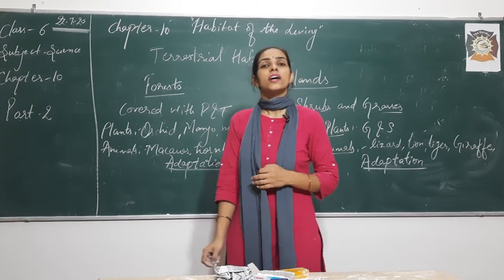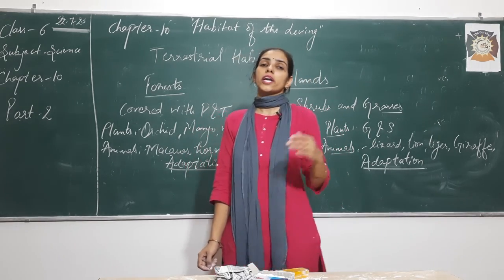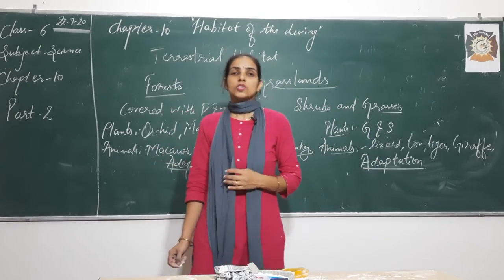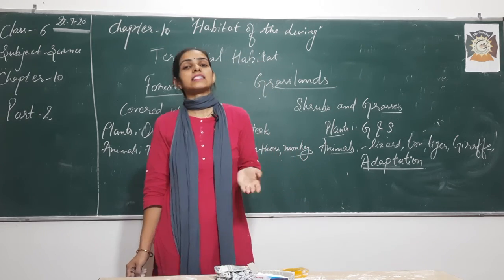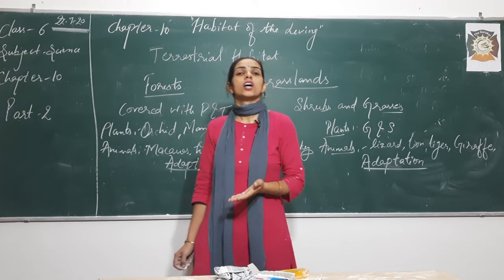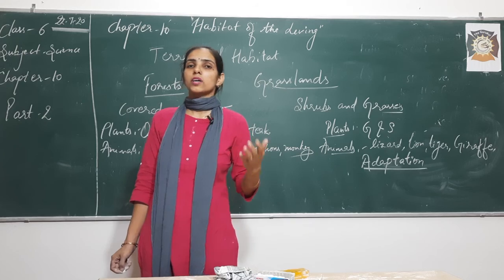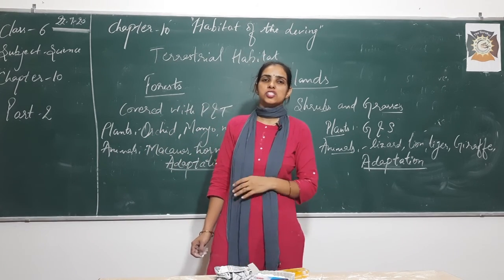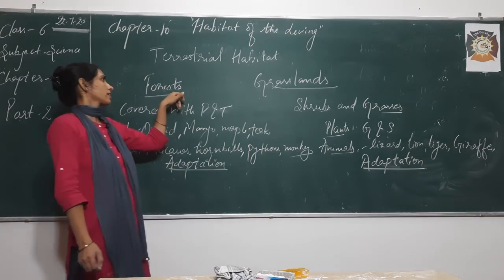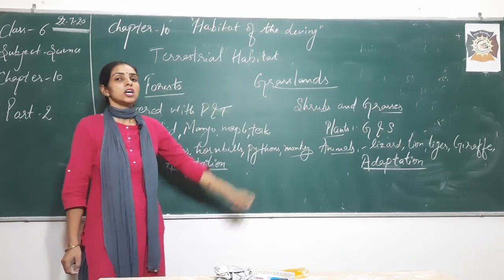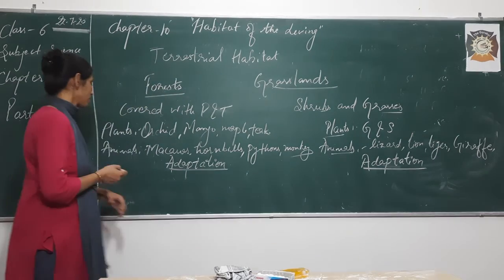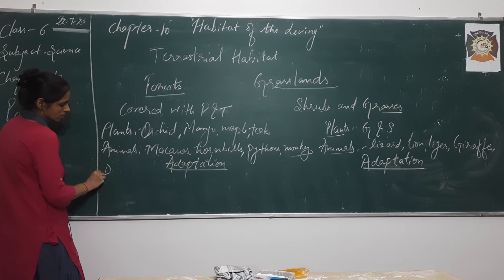For example, rainforests. In rainforest 95% of the time it just rains. If it is raining continuously, then the plants and their leaves would have rotted because of water stagnation. So what extra feature do they have because of which they are able to survive in rainforest as well? That is what we will say first.